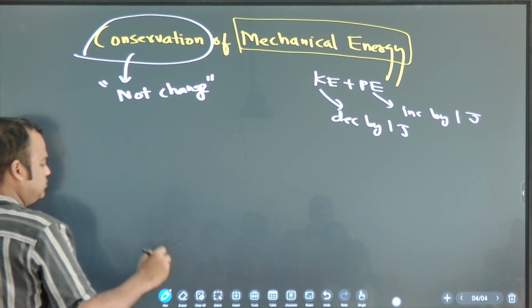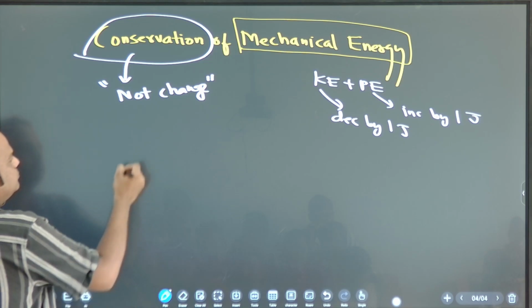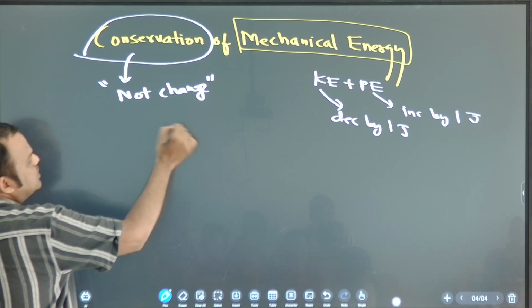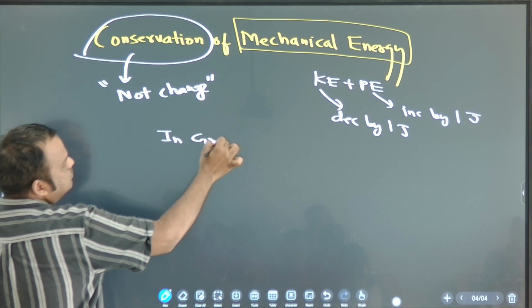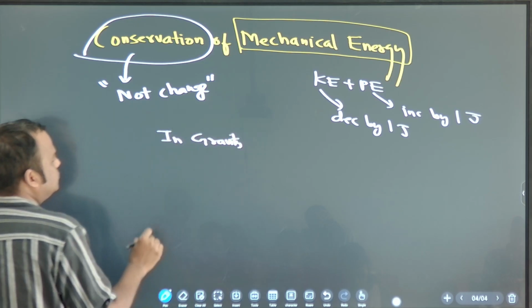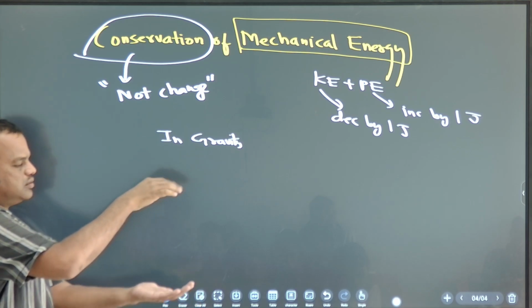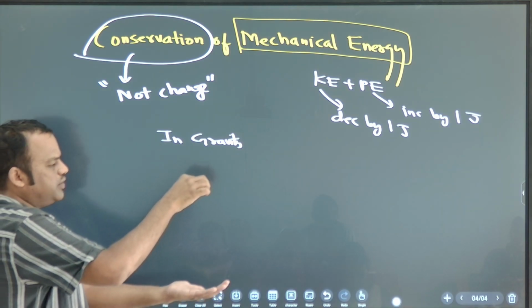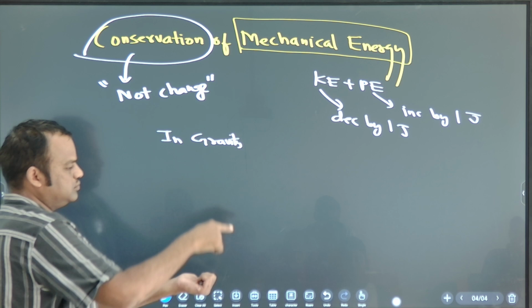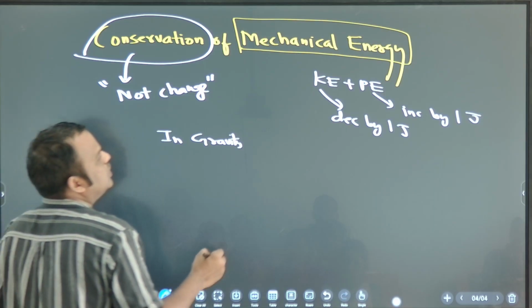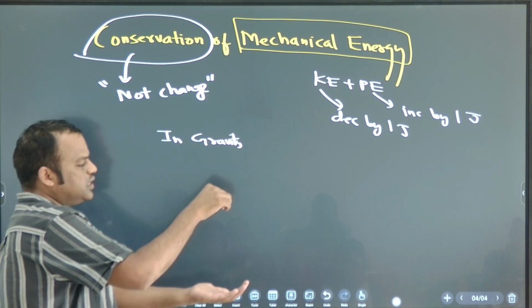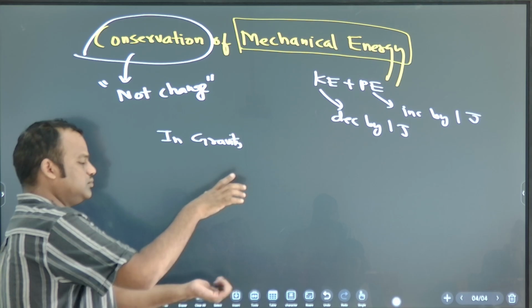So how is it possible? Let's take a very basic example in gravity. It is going down, so which energy is decreasing? Potential energy. But you see increase in kinetic energy? Yes, correct.